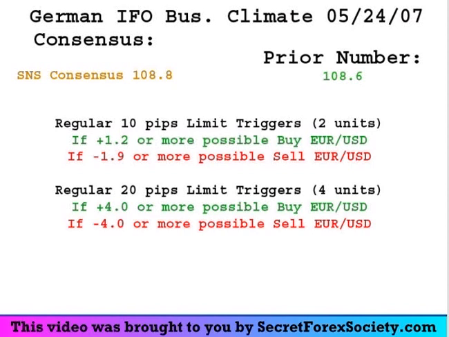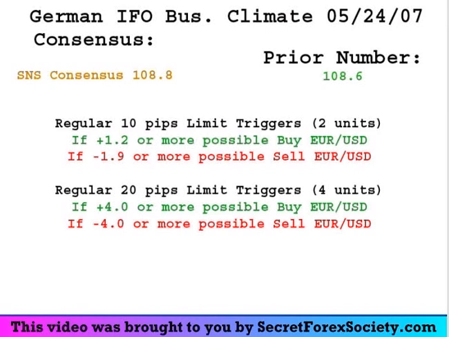That's the worst conflict. If the business climate comes out better and the expectations come out better, but the current assessment comes out a little worse, that's no big deal. The expectations by far is the most important component, but the business climate, because it covers the most, usually gets all the attention. Okay?